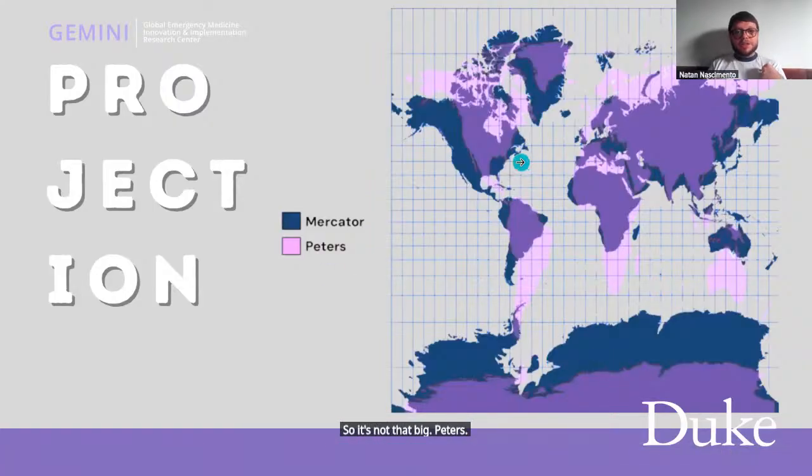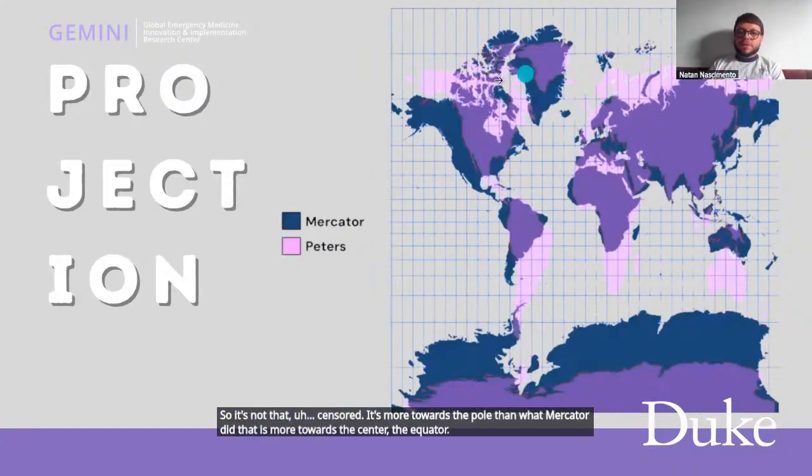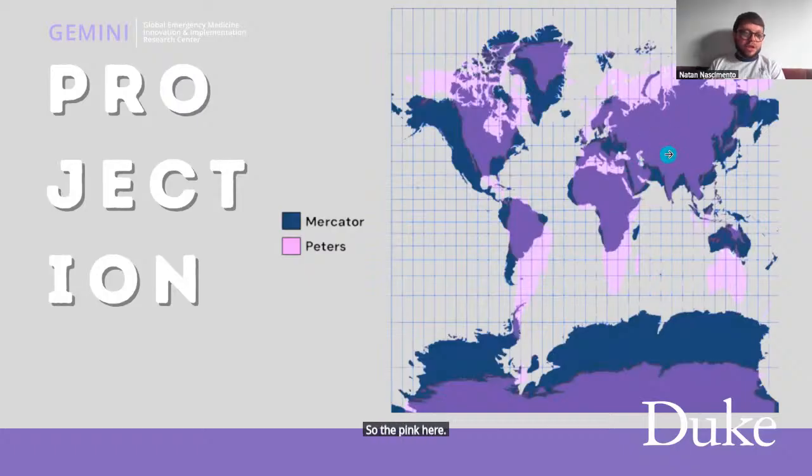Peters, on the other hand, will maintain shape. It will maintain this size volumetrically. But as you can see, it will stretch a little bit. So it's not that centered. It's more towards the pole than what Mercator did, that is more towards the center, the equator. So the pink here is the actual sizes.